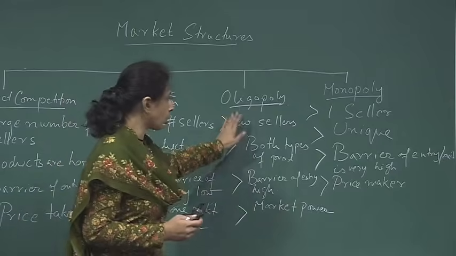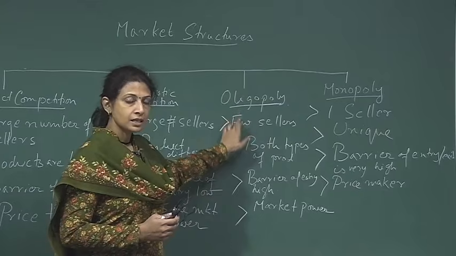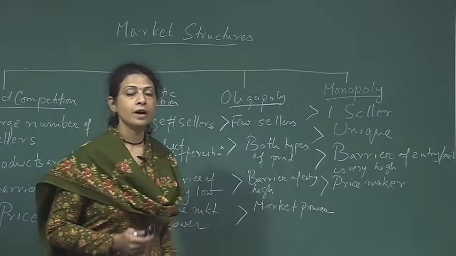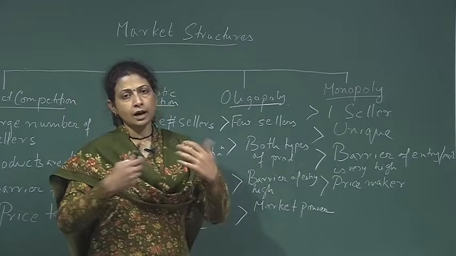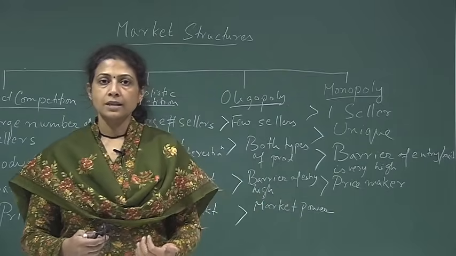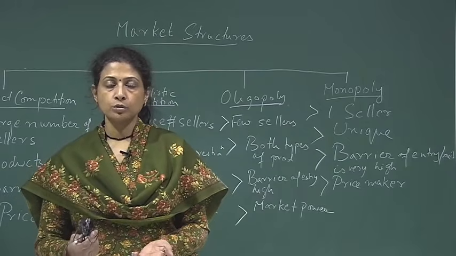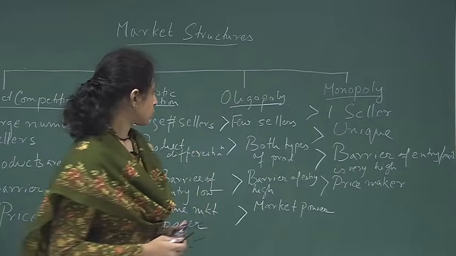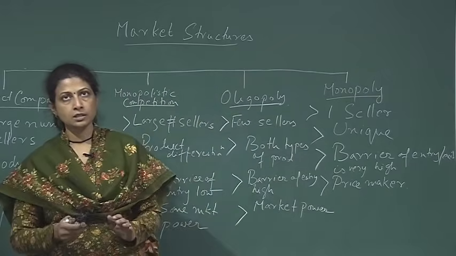But in oligopoly, since there are few sellers in the market, every seller's decision is dependent on the decision of its rivals. This is a special kind of situation, and different scenarios could emerge where the sellers compete on the basis of the output they produce, or on the basis of the prices they charge.